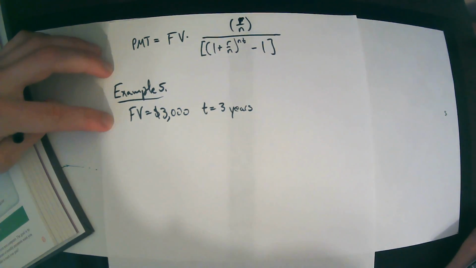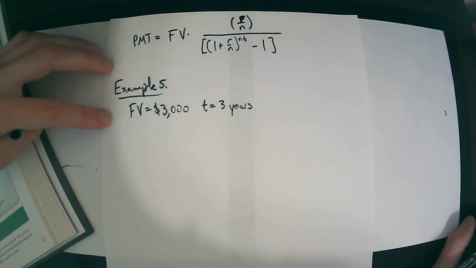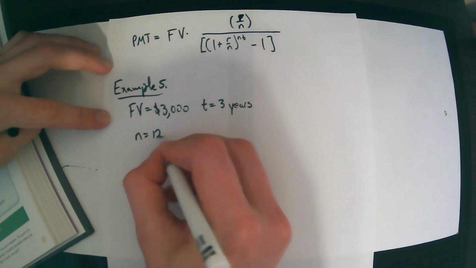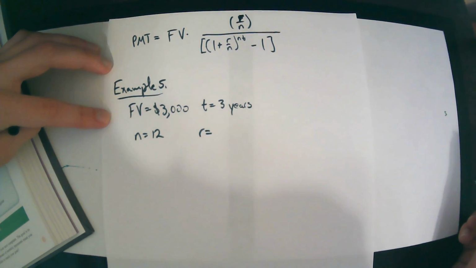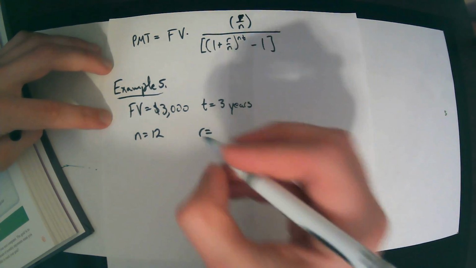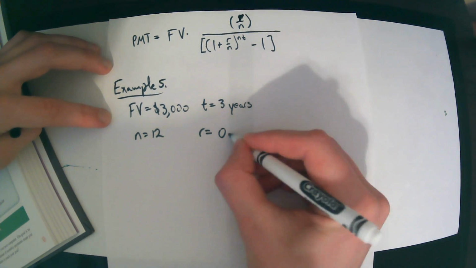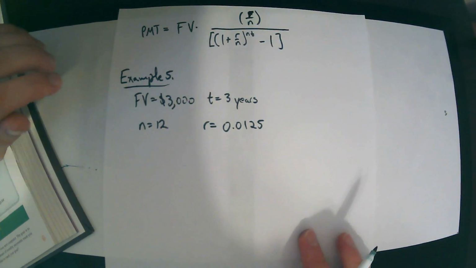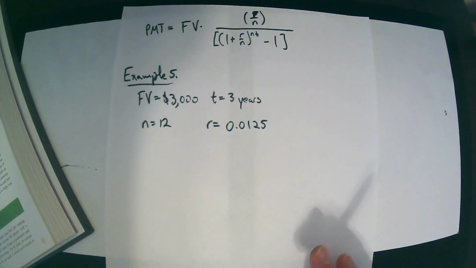What amount of monthly payments must you make into an account that earns 1.25% interest? First of all, they say monthly payments, so N is 12. And they also give us that it earns 1.25% interest, so 1.25% is 0.0125 as a decimal. Alright, there we go. That's all we need.